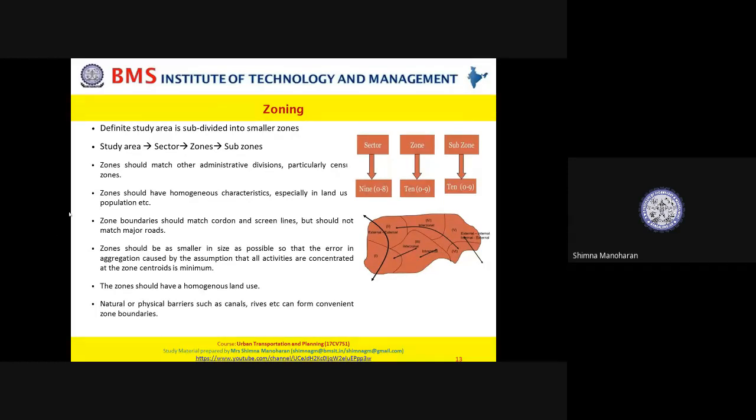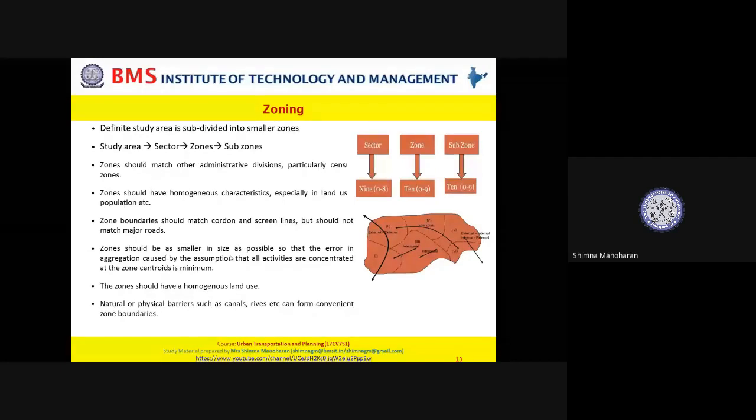Is that clear? Zones are divided such that they follow the administrative divisions, particularly the census zones. Zones have to be homogeneous. You have to choose zones based on the administrative division or the population, etc., and they should match the cordon and the screen lines.